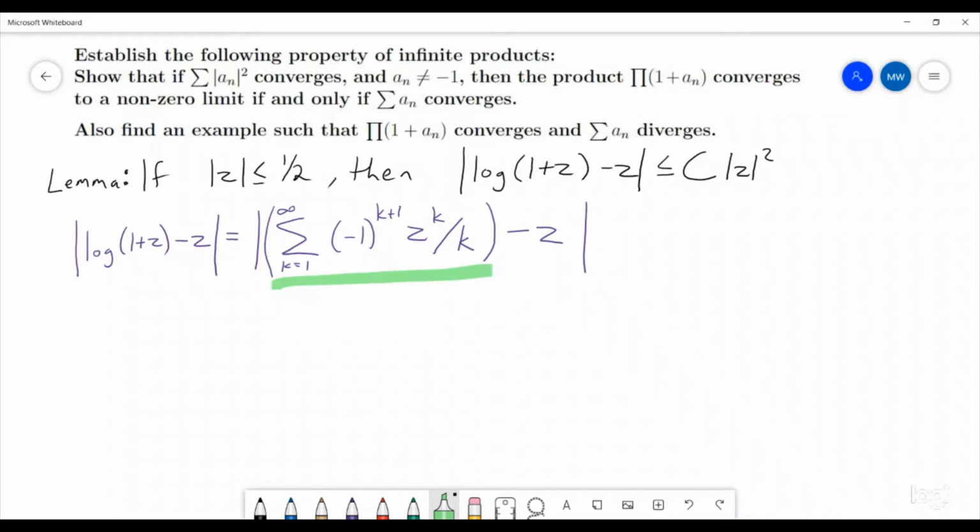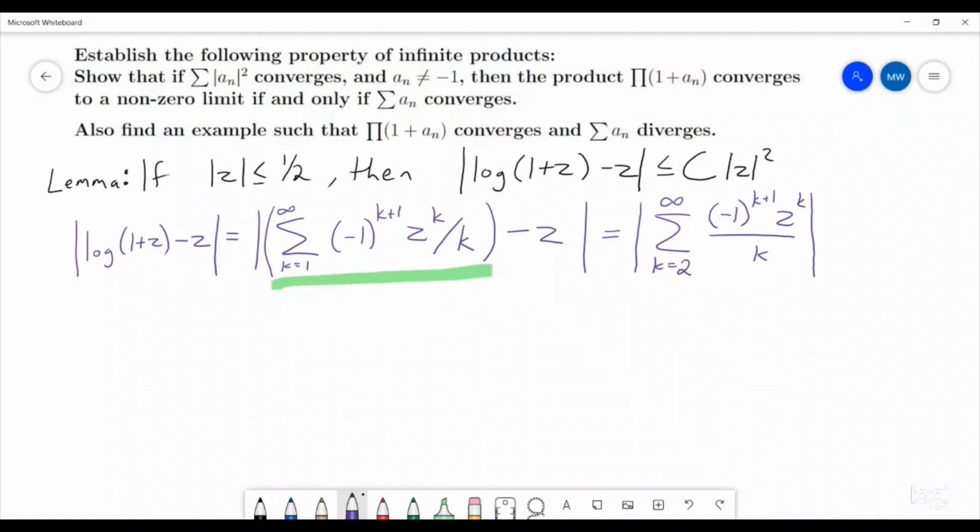But what we can do here is this then tells us that this is just equal to the modulus of the sum from k equals 2 to infinity of (-1)^(k+1) z^k divided by k, because there is a plus z and a minus z that cancel each other out.